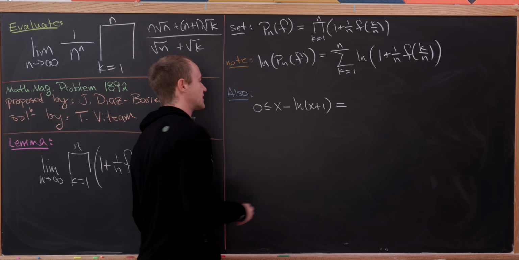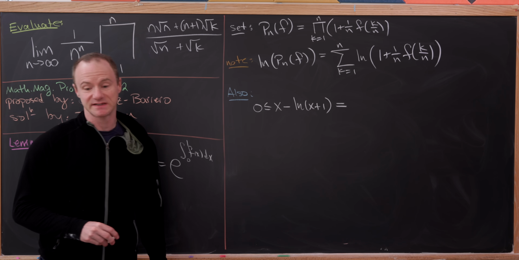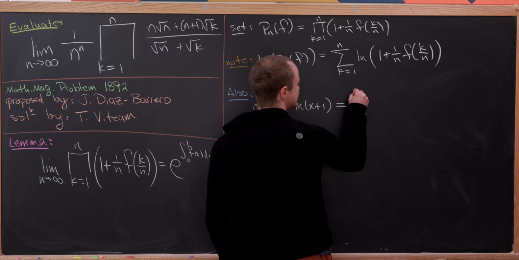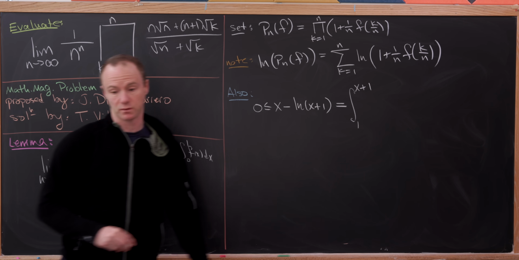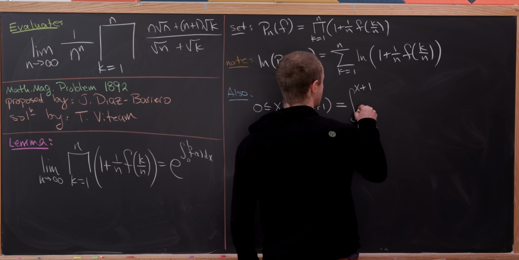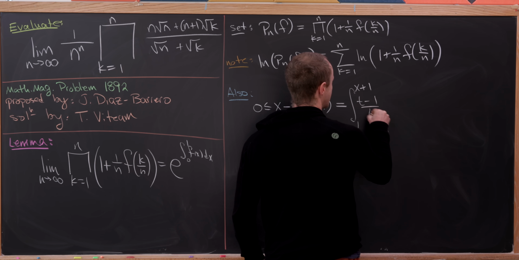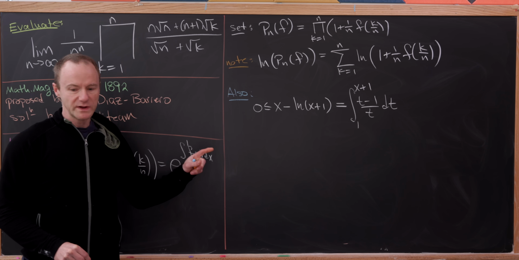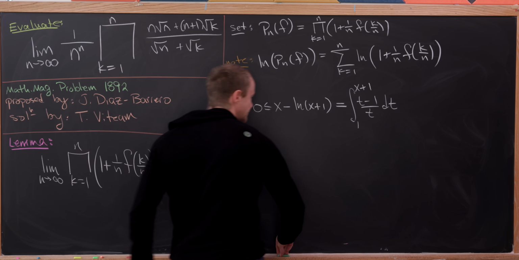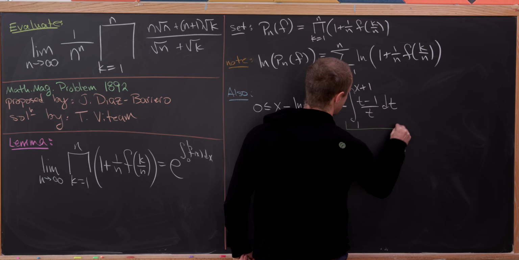But then the trick here is to express this difference as an integral. So notice that this is the integral from 1 up to x plus 1 of t minus 1 over t dt.